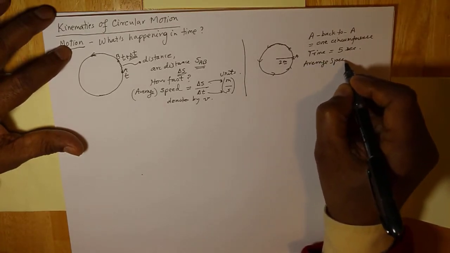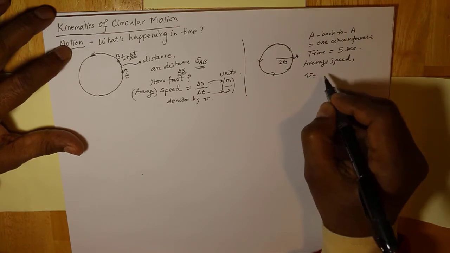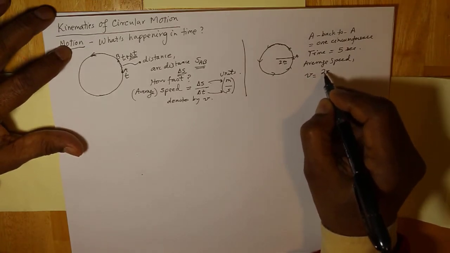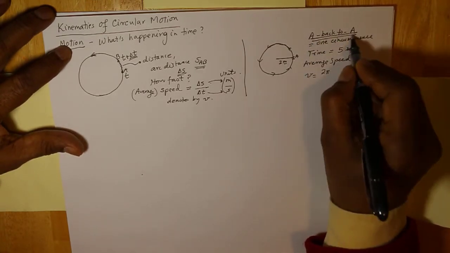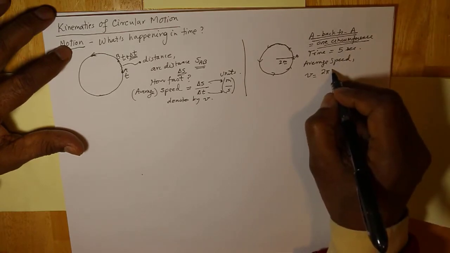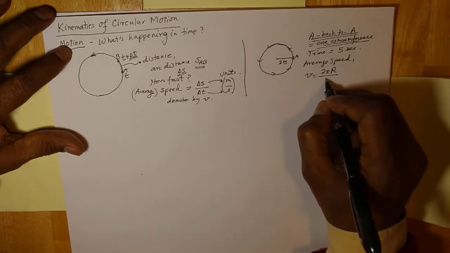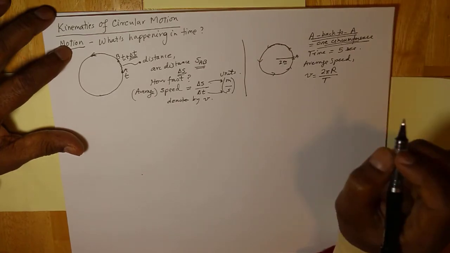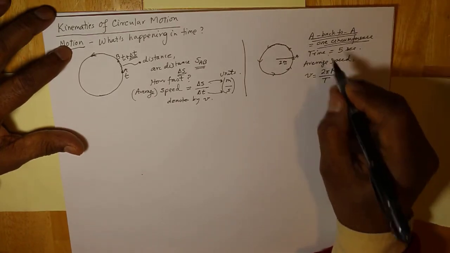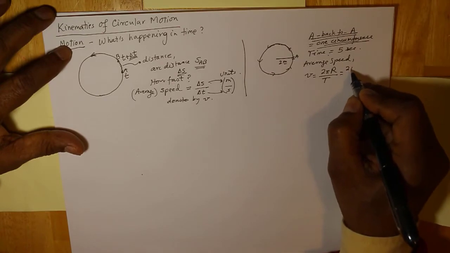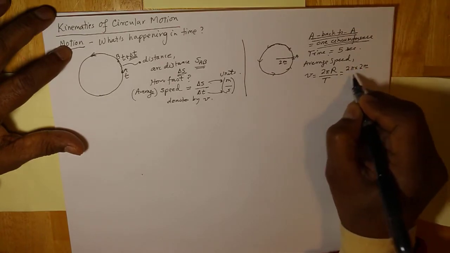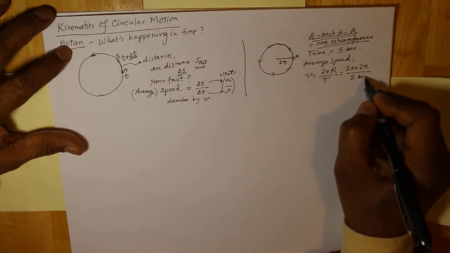Average speed will be 2 pi, because I went one circumference, 2 pi times the distance and the amount of time it took. Let's call it capital letter T for this time. And so it's going to be 2 pi times 2 meter over 5 seconds.